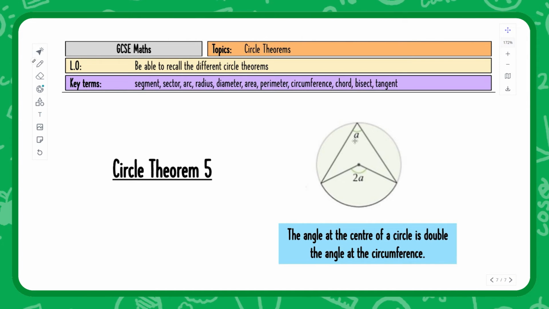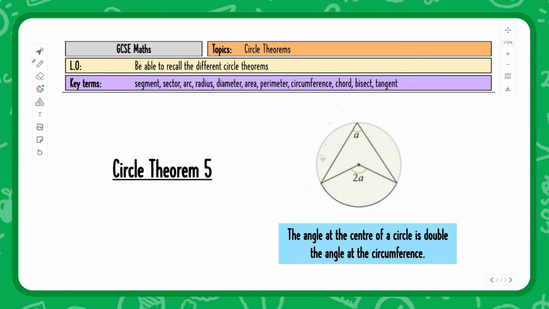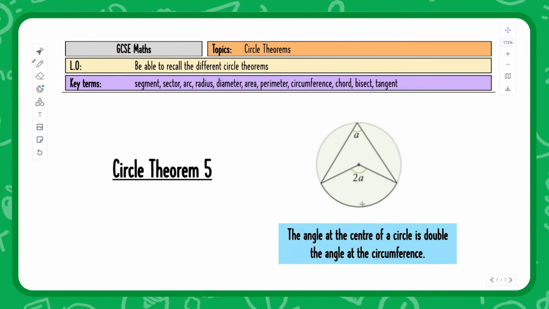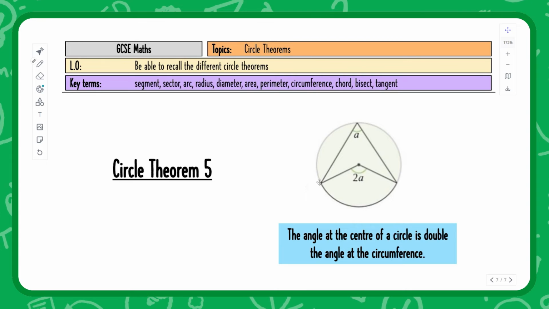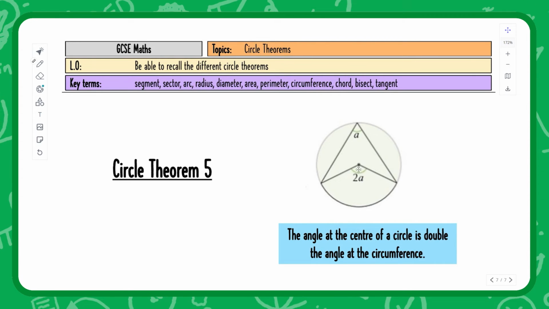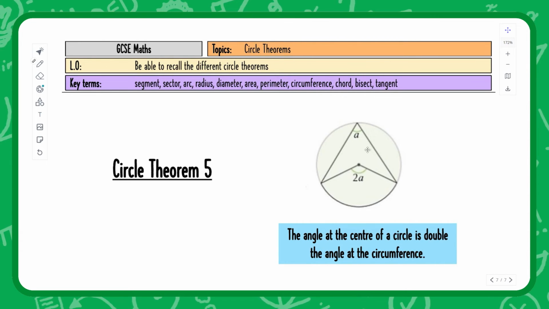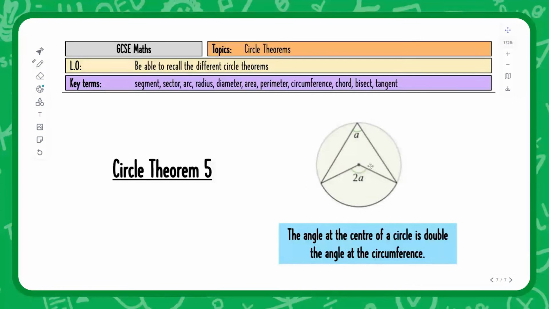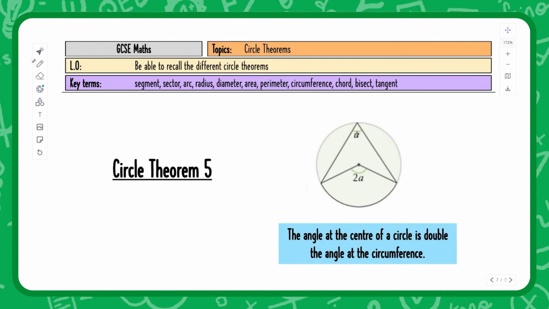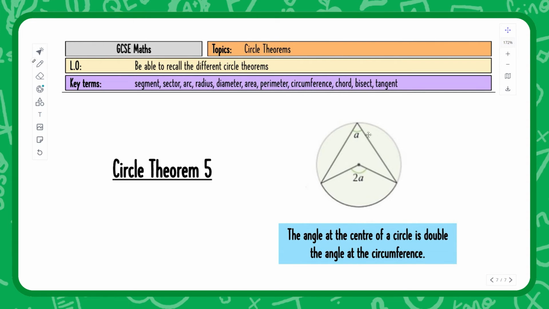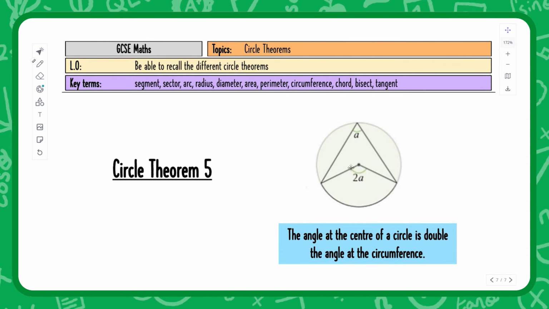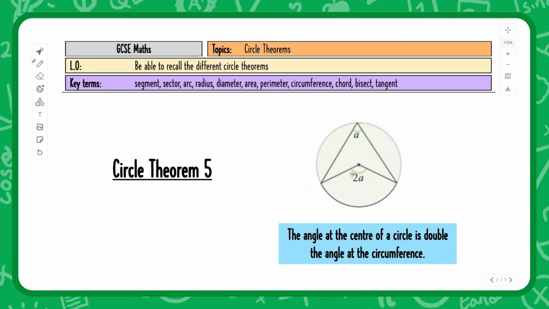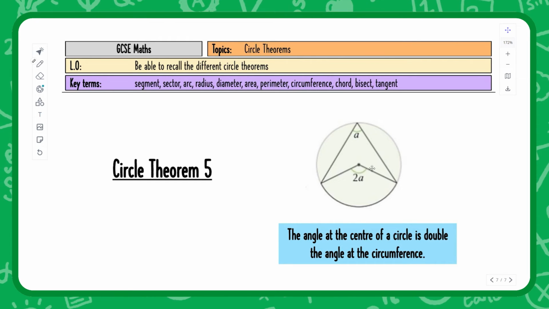And again, I've seen this in combination with a different circle theorem. I think it might be circle theorem 7. And that's where you really do need to remember this theorem. This theorem basically states that the angle at the center is double the angle at the circumference. So if A was 60 degrees, the angle at the center would be 120.